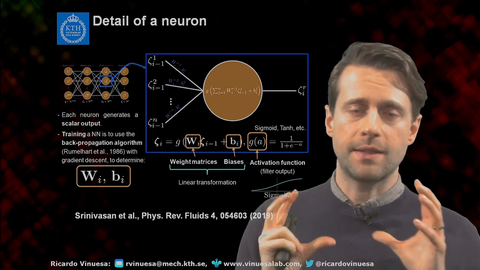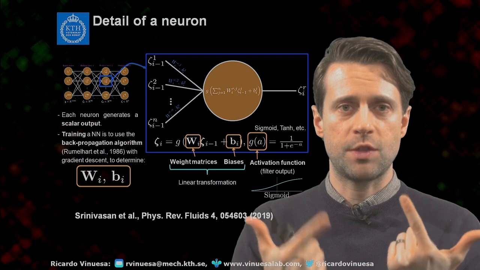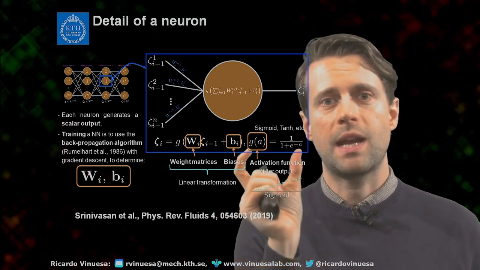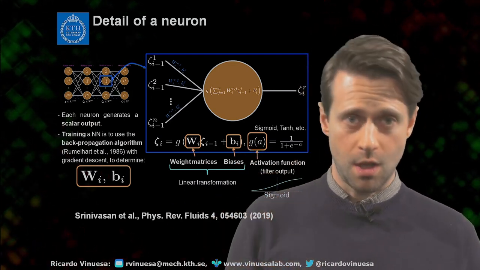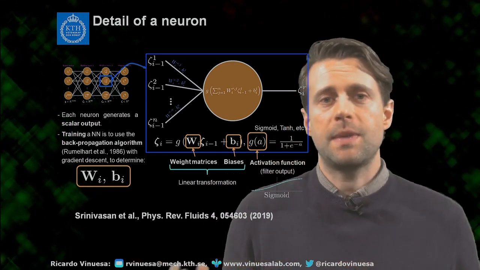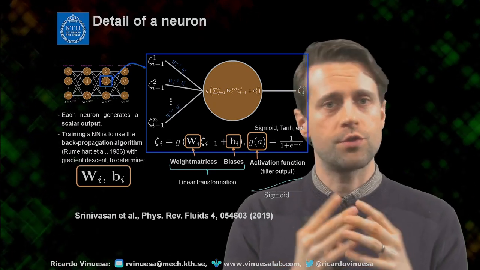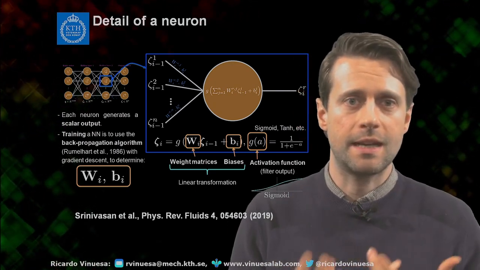And the only thing that differentiates this from linear algebra is that after this matrix vector multiplication, we apply a nonlinear activation function. If this nonlinear activation function wasn't there, then it wouldn't matter to have a very deep network or a very shallow one, because everything could be reduced to just basic linear algebra operations.